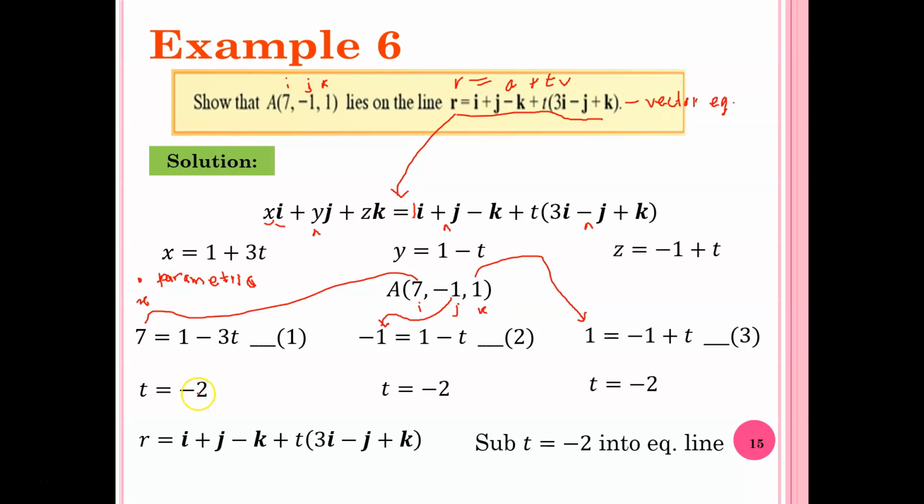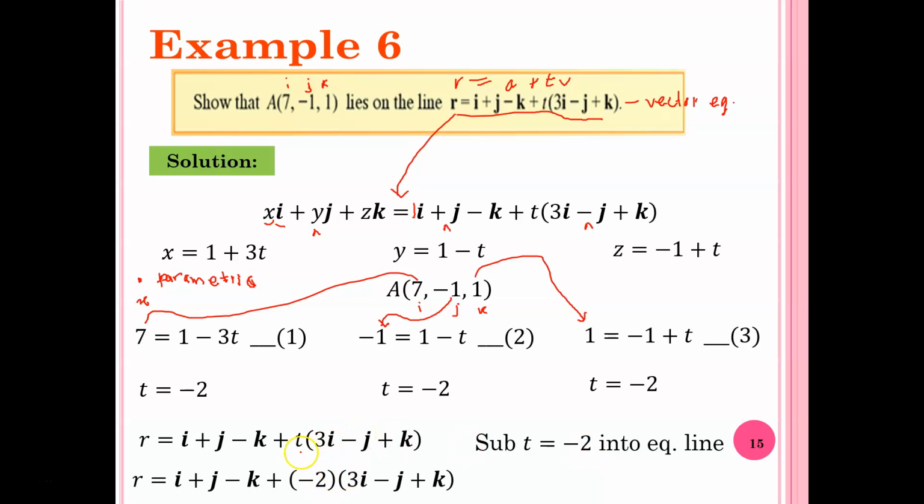Kenapa kalau you perasan, kenapa kita dapat semua dia punya t equal. All the t equals are equals. Negative 2, negative 2, negative 2. It's because the point is actually on that line. Dia on that line. Okay? Berada di atas garis tu. So, of course, the t is the same. You substituting the t equal to negative 2 into the equation line.